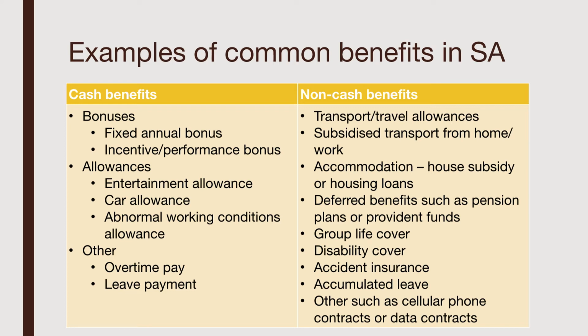Deferred benefits include pension plans or provident funds, membership to group life cover and disability cover, accident insurance, the ability to accumulate your leave over a period of time and have it paid out once you retire, and others such as the organization paying for cellular phone contracts or data contracts as part of the overall compensation package.